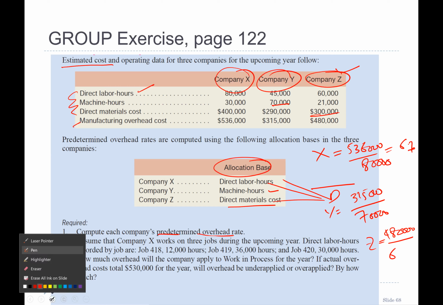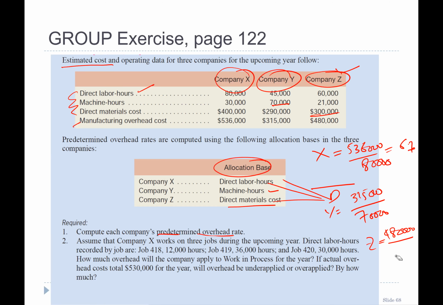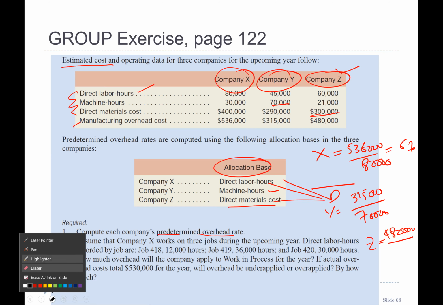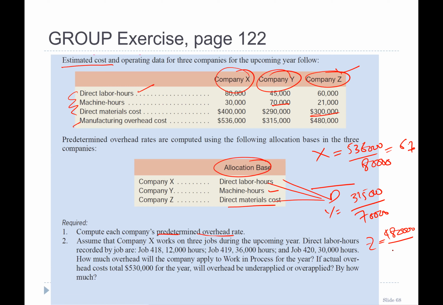So here we go, it is 30,000, 300,000 cost. Right? So I don't know the answer here. You can use the calculator to find out. Now, for company X, company X did three jobs, job 418, 419, and 420.